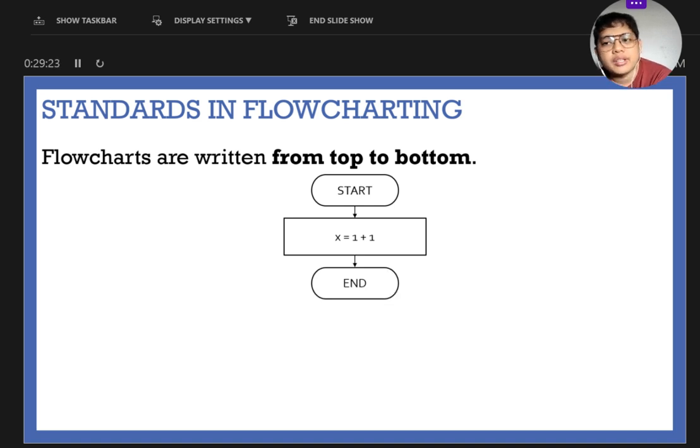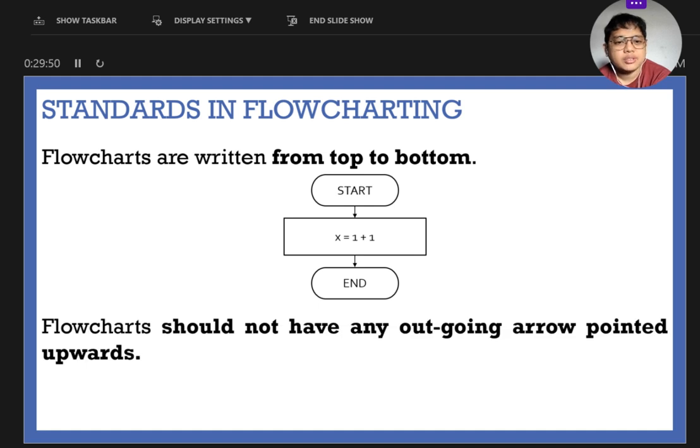This is an example of a flowchart that goes from top to bottom. It must go from top to bottom, so it should not start here and end here.